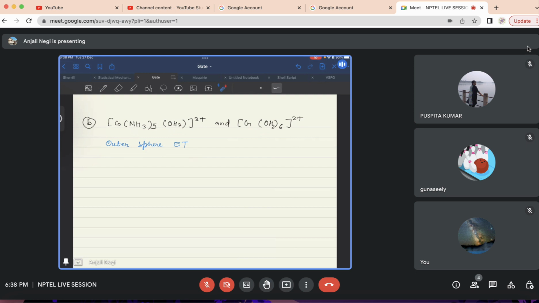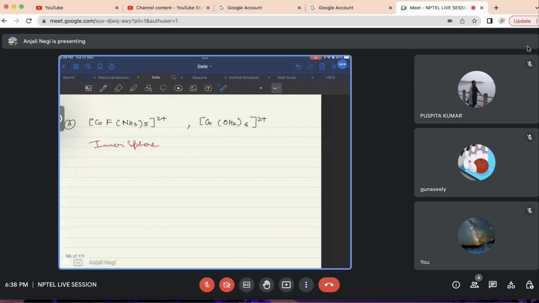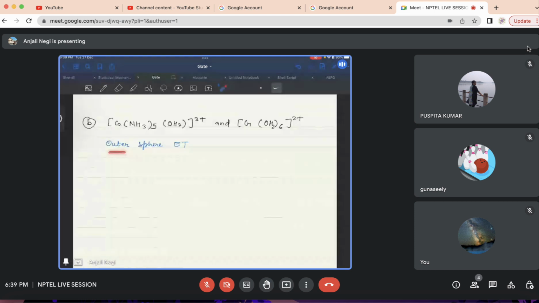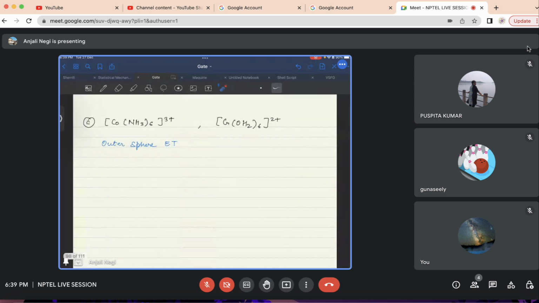We do not have a bridging ligand here, and you can also check whether they are inert or labile, because in outer sphere both complexes must be kinetically inert. So this you can check, whether these two are kinetically inert or not. So this follows outer sphere electron transfer. Now the other one, again it will follow the outer sphere electron transfer definitely.